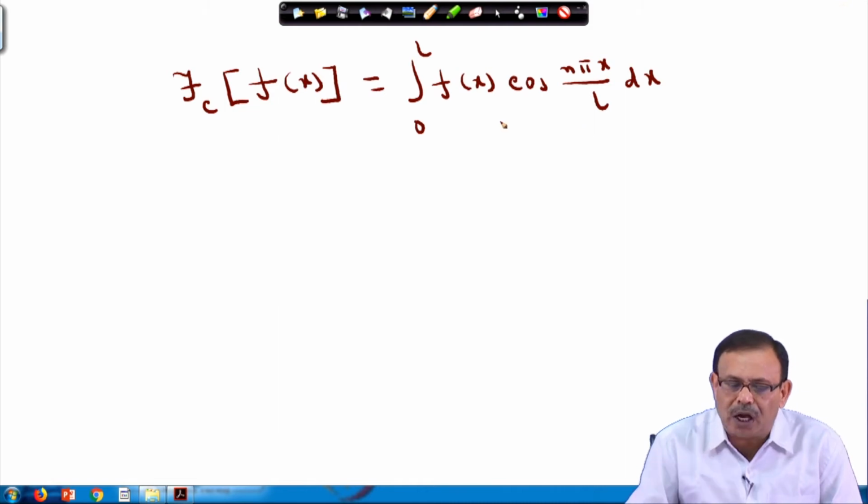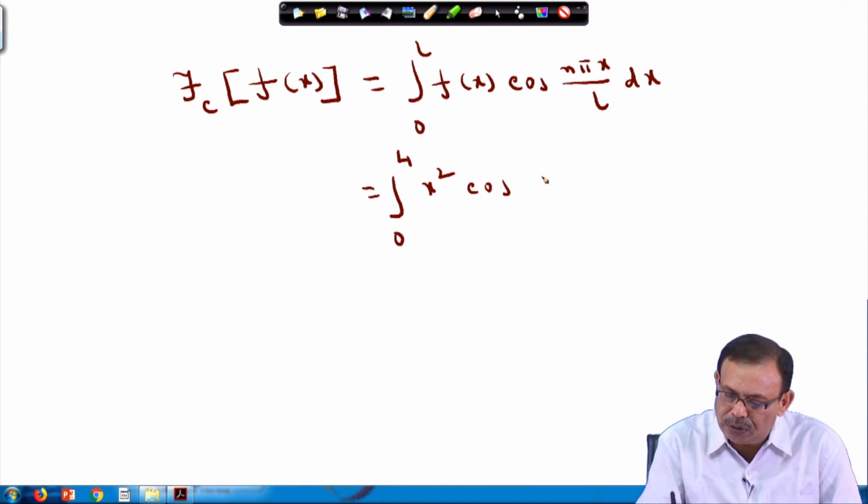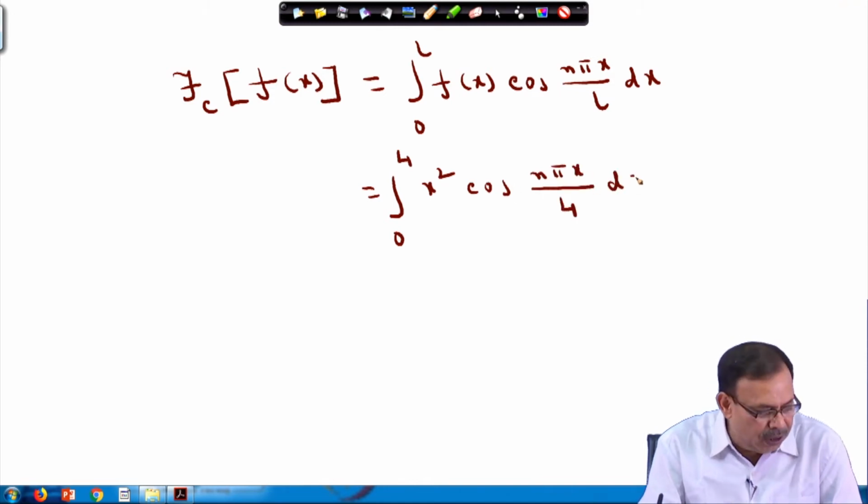In the case of the Fourier sine transform, it is the integral from 0 to L of f(x) sin(n pi x by L) dx, whereas for the Fourier cosine transform, it is the integral from 0 to L of f(x) into cos(n pi x by L) dx. So, with L equal to 4, this equals the integral from 0 to 4 of f(x), which is x square, into cos(n pi x by 4) into dx.